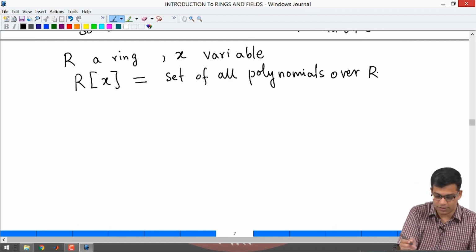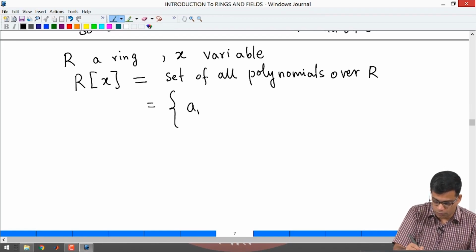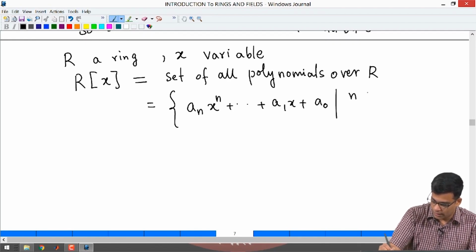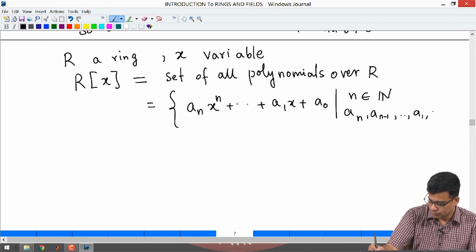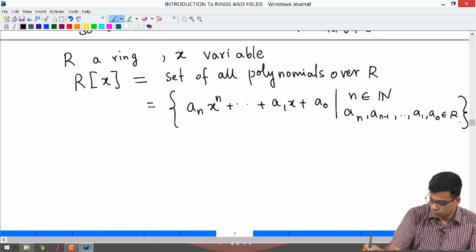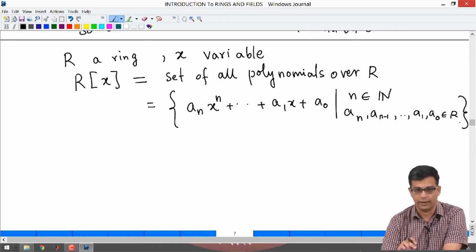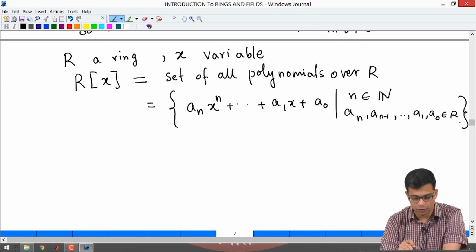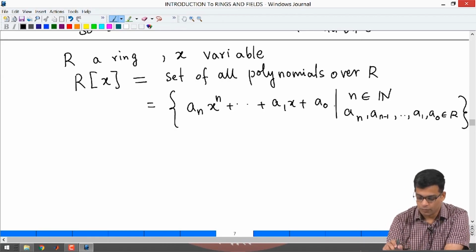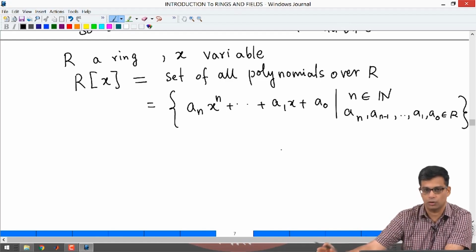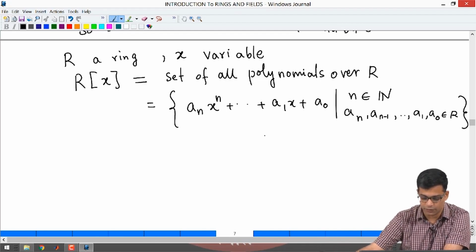These are expressions of the form a_n x^n plus ... plus a_1 x plus a_0, where n is a natural number and the a_i's are all elements of the ring R. Remember that we have to take all polynomials. That means we have to take every natural number n and consider all polynomials with the coefficients being any elements of the ring R.